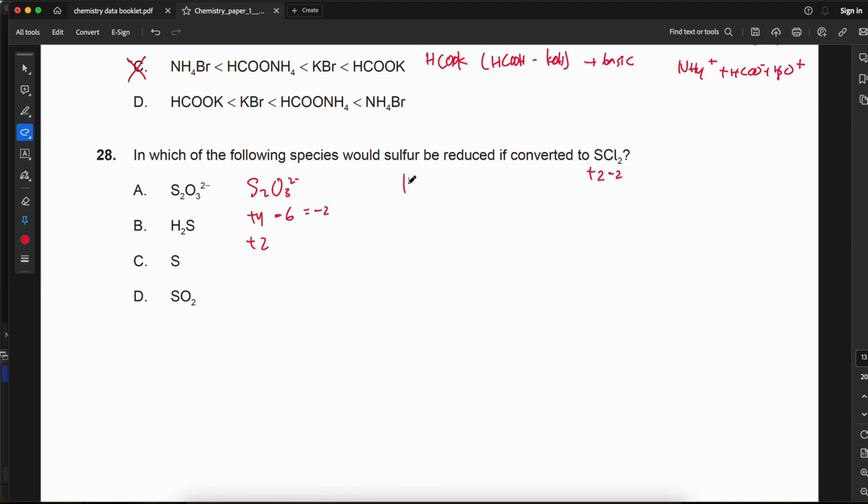For B, H2S, S is -2, going from -2 to plus 2 is oxidation, so it's not reduced. For S, a free element is 0, going to plus 2 is also oxidation. SO2, S is plus 4, going to plus 2 is reduction. So the answer is D.